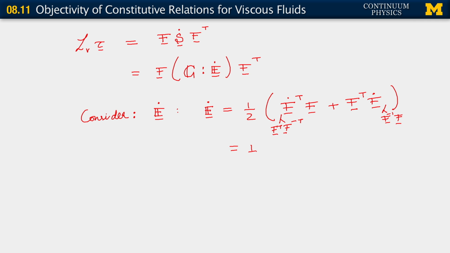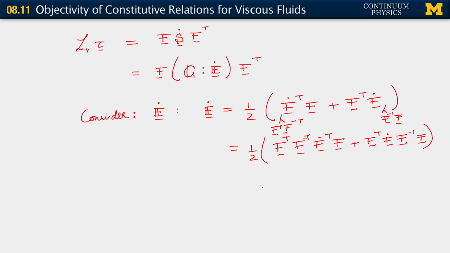When I do this, I get 1/2 F transpose F inverse transpose F dot transpose F plus F transpose F dot F inverse F.